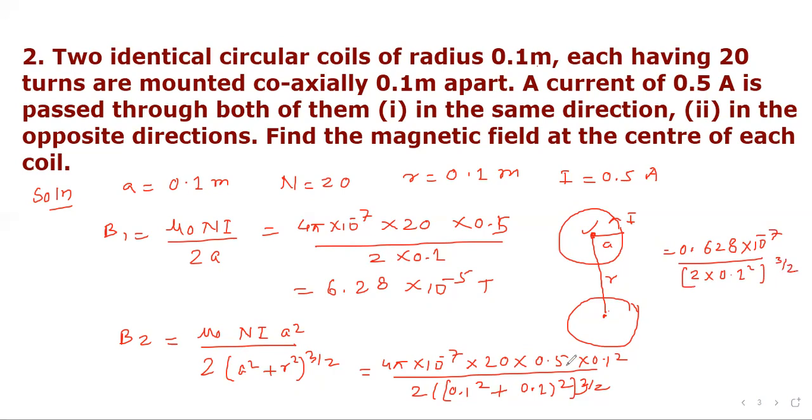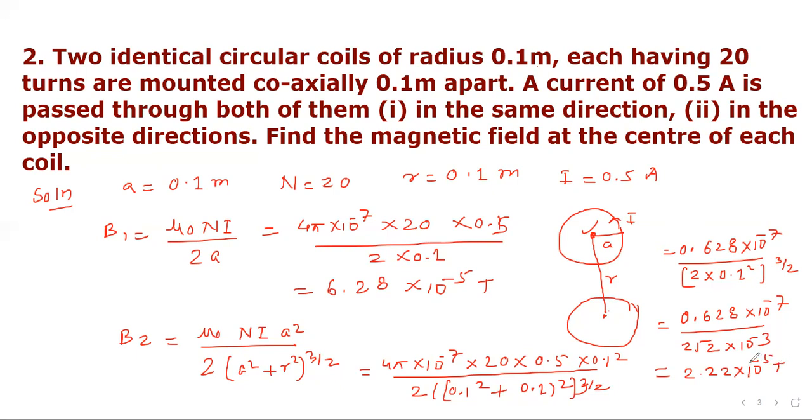If we further simplify, we get 0.628 into 10 to the power minus 7 divided by 2 root 2 times 10 to the power minus 3, and this will come to be 2.22 into 10 to the power minus 5 tesla.